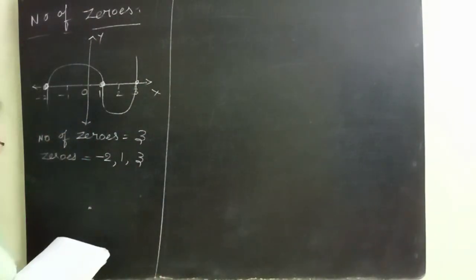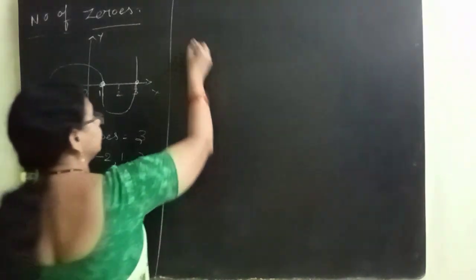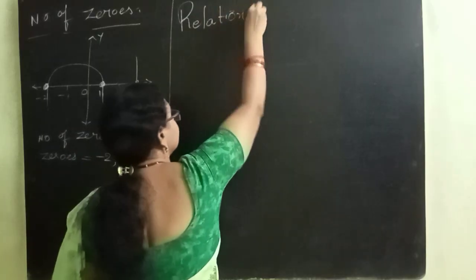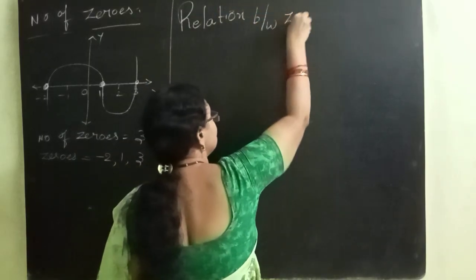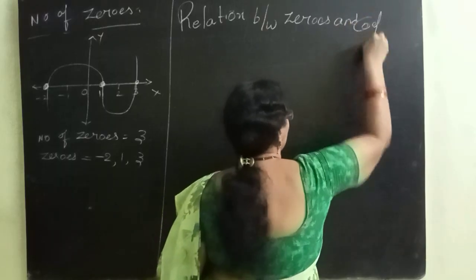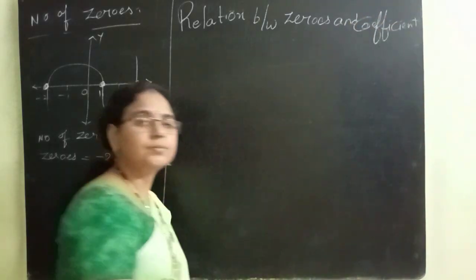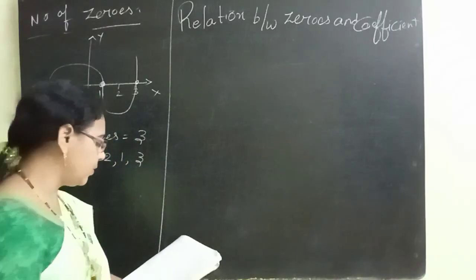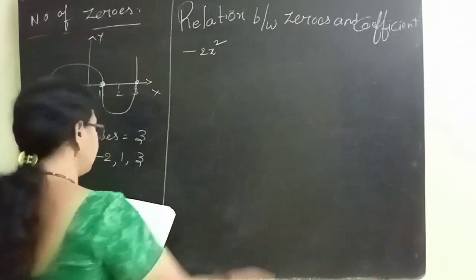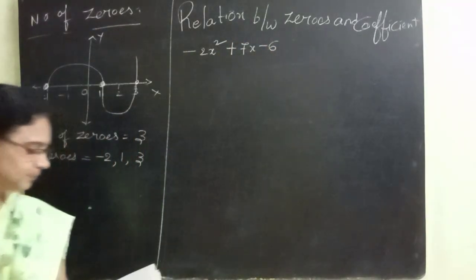And the relation between zeros and coefficients. He has given one quadratic polynomial, minus 2x square plus 7x minus 6.